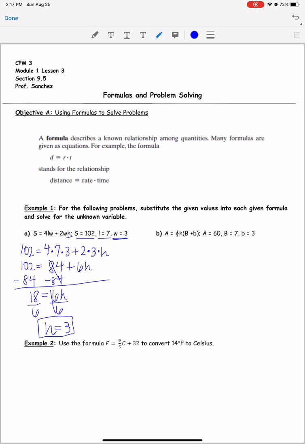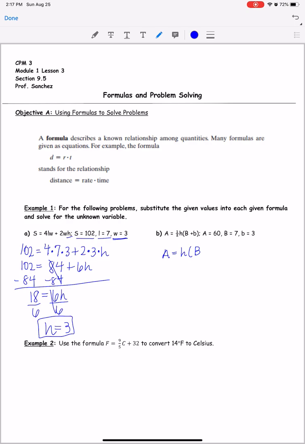So do that again over here. We've got A equals 1/2 H times B plus b. So you can do this two ways. I know a lot of times when we see this fraction here, we don't tend to like it. So if you want to, you can rewrite this as area equals H, big B plus little b all over 2. That's how you can rewrite that fraction right there.